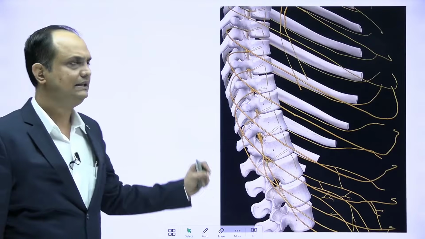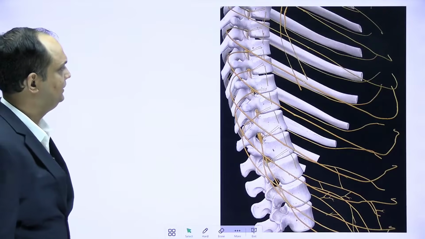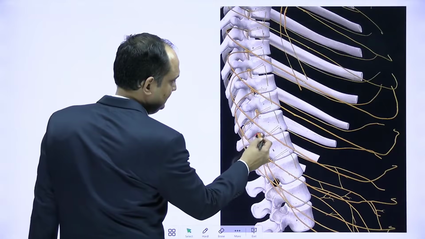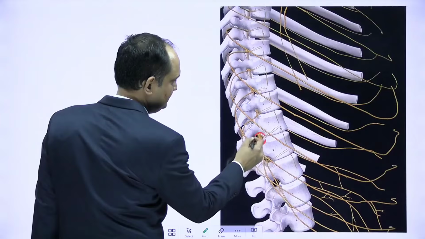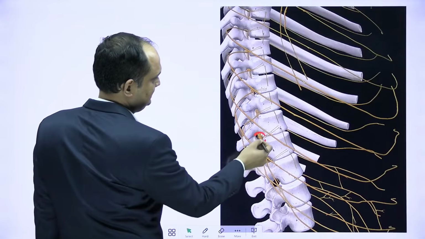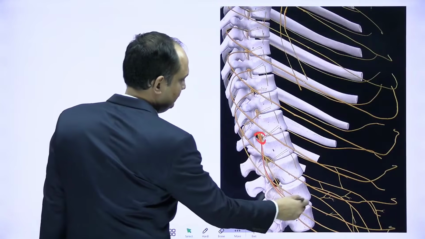Now in this diagram you can appreciate this is the superior notch, this is the inferior notch, and you can see there is an exit of this nerve.